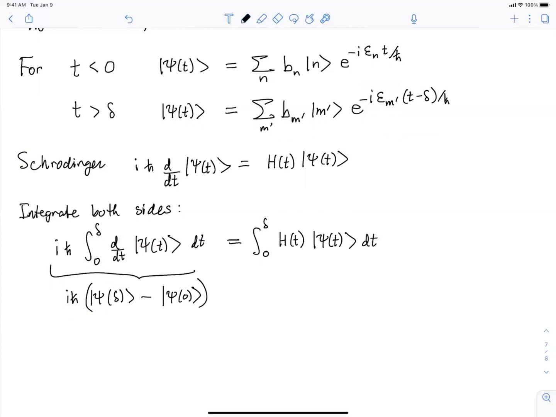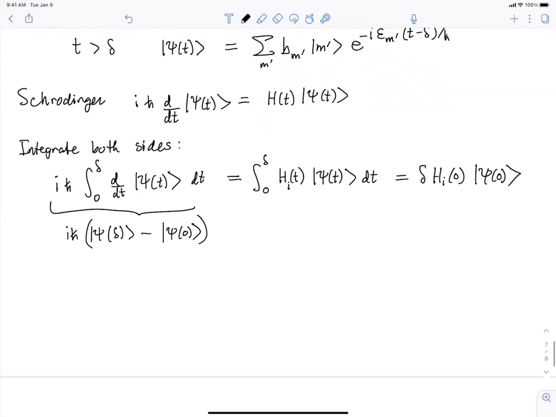And here's where it's going to be important: even though h of t might be very complicated, the fact that it's only lasting for a very short time means I can approximate it by just its value near time t equals 0. So I can just write this by multiplying delta by h i at 0 times psi of 0. The only reason we can do that is because delta is supposed to be very small.